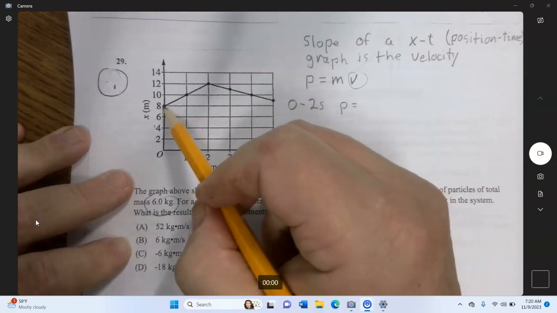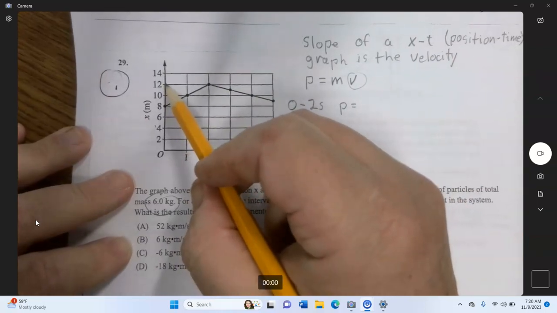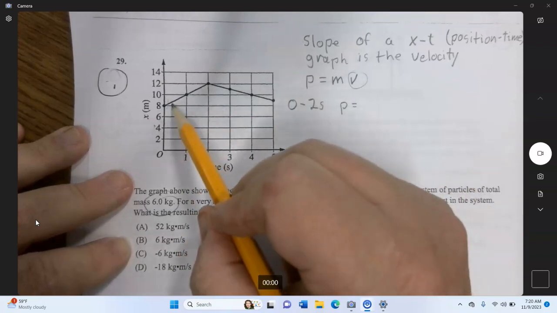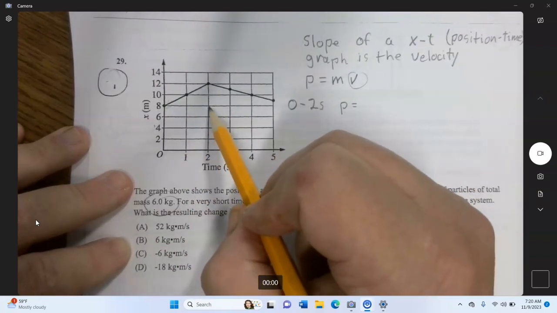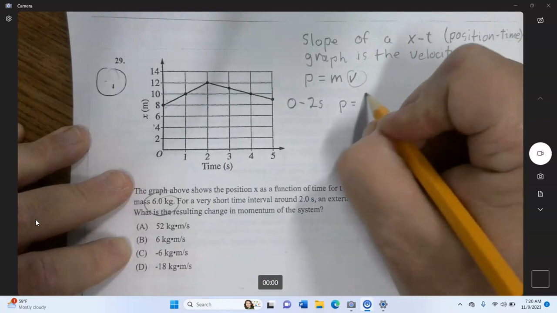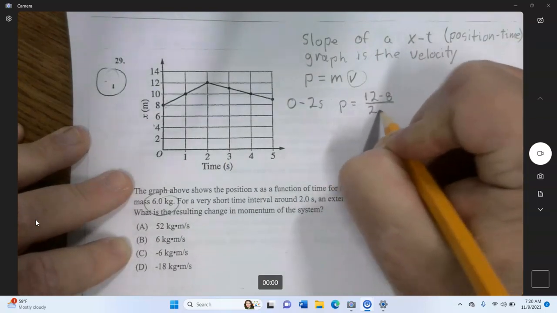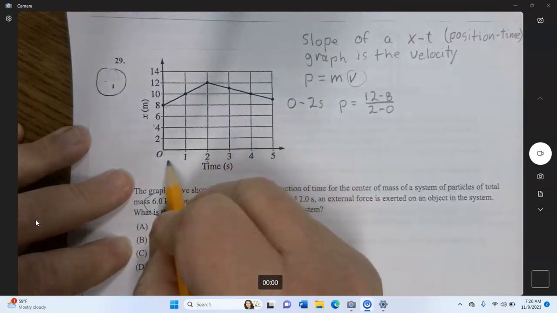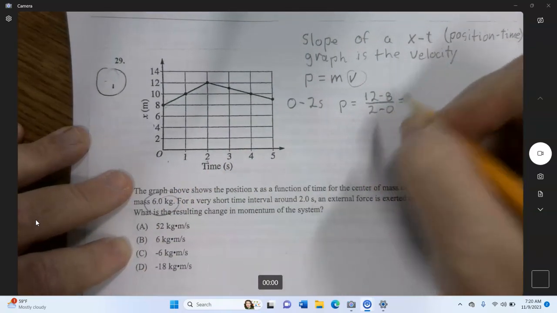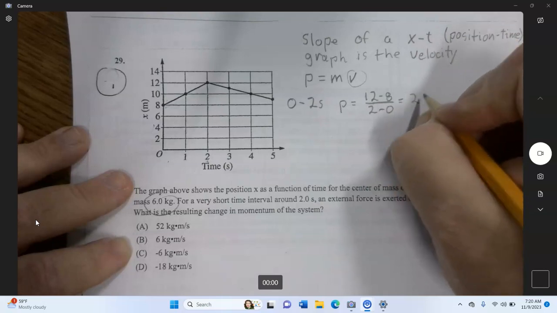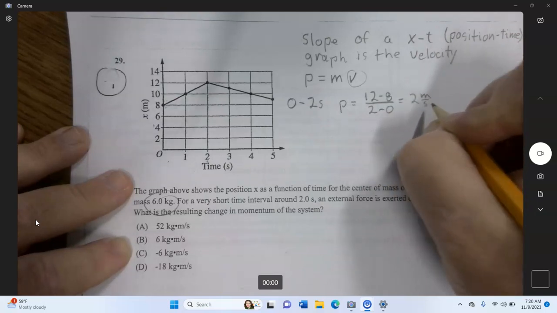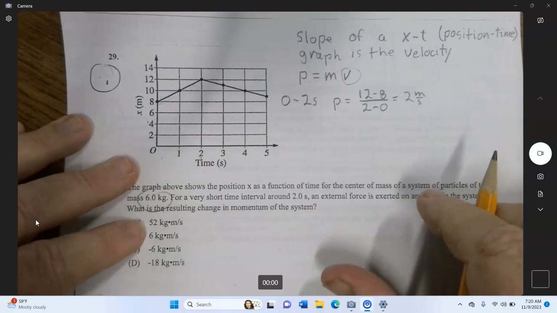So what does that line do? It goes from 8 to 12 on the vertical axis, and it goes from 0 to 2 on the horizontal axis. So it's 12 minus 8 over 2 minus 0, from here to here, equals 4 over 2, which equals 2 meters per second is the velocity.